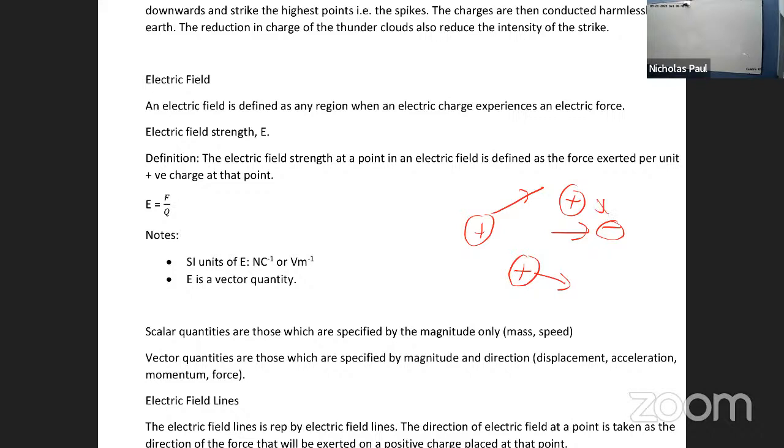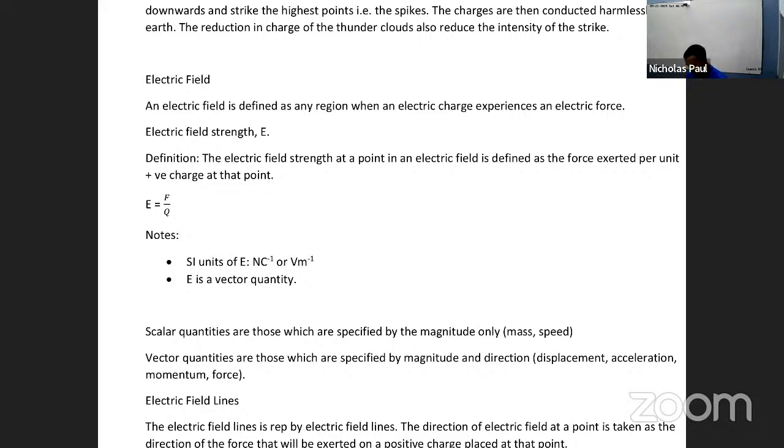Can I use a positive charge at any point around an electric field to determine its direction? Yes. So the direction of an electric field is the direction in which a positive charge will move when placed at that point.